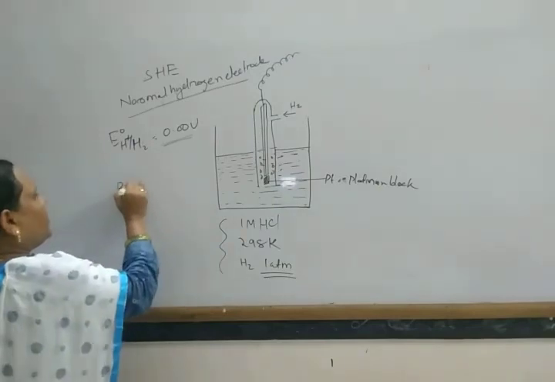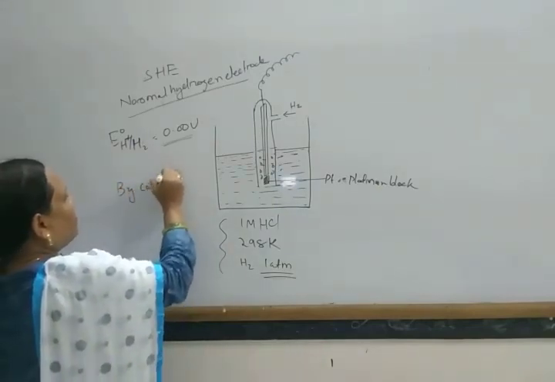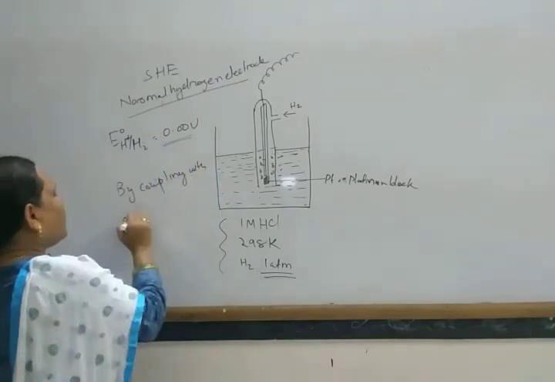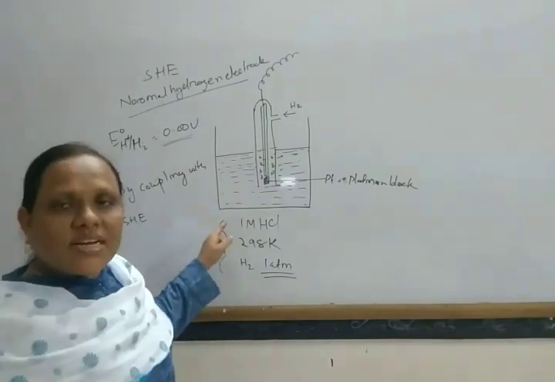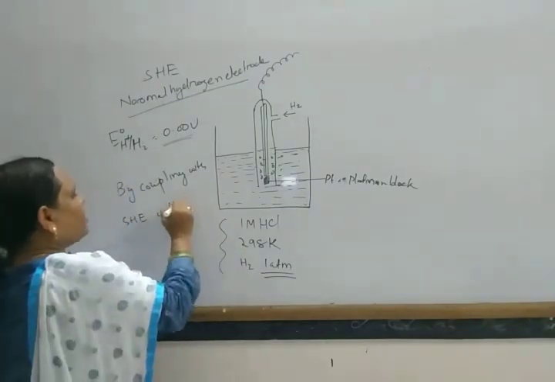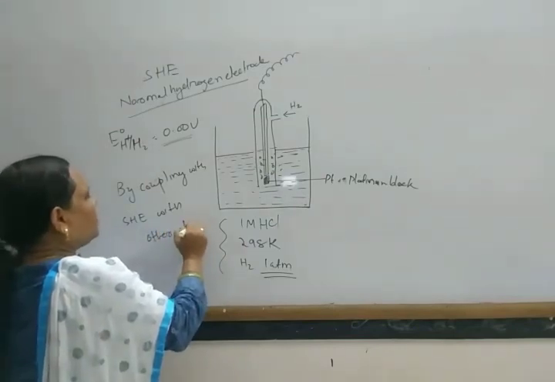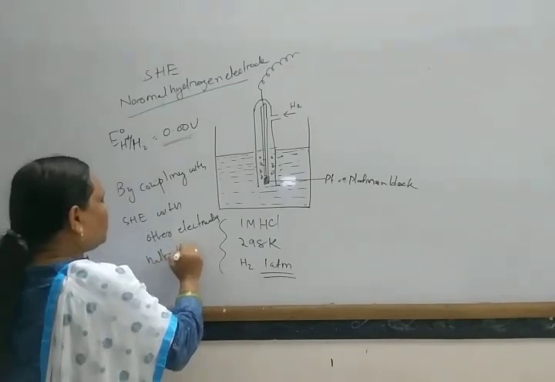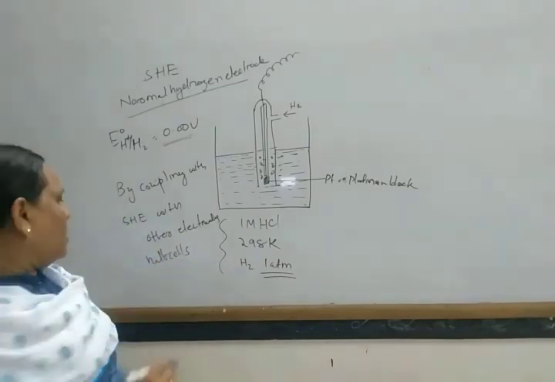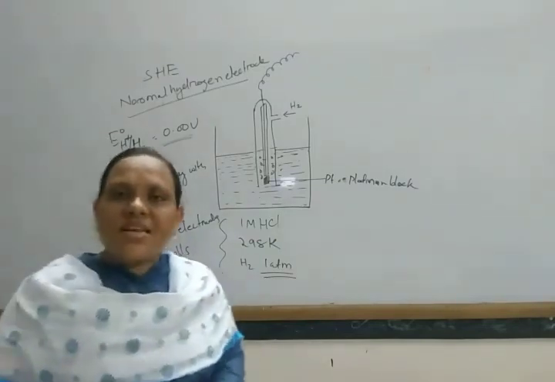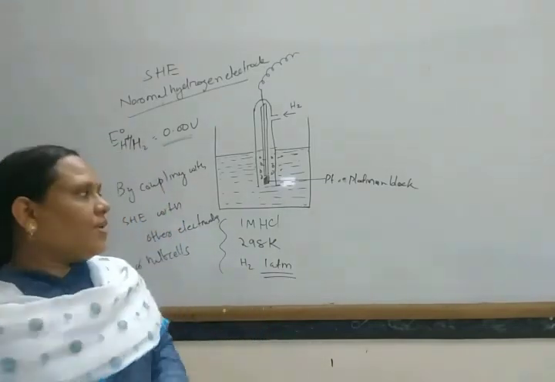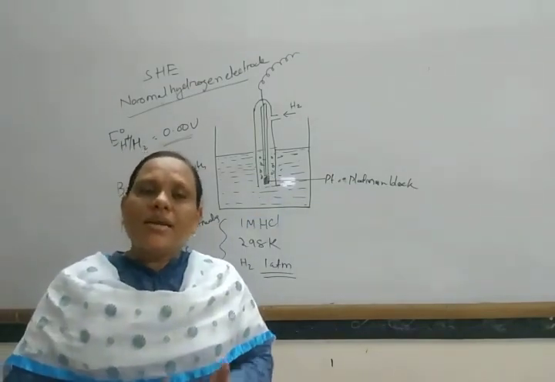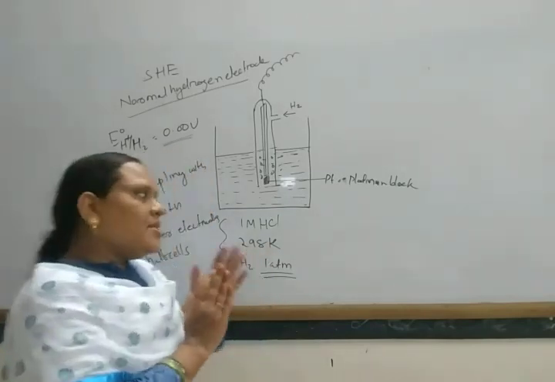So by coupling the standard hydrogen electrode with other electrodes or half cells, the cell potential is determined, and that cell potential, when connected with the standard hydrogen electrode, is known as the standard electrode potential of the electrode.